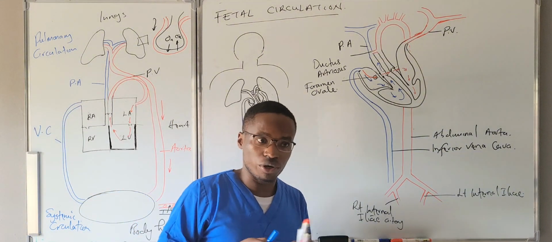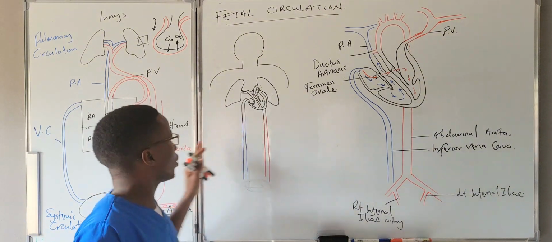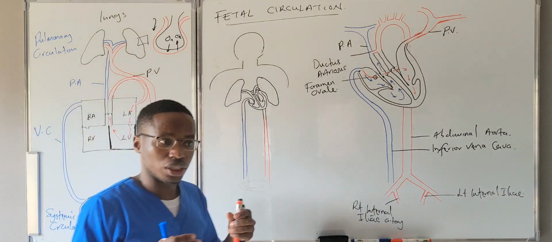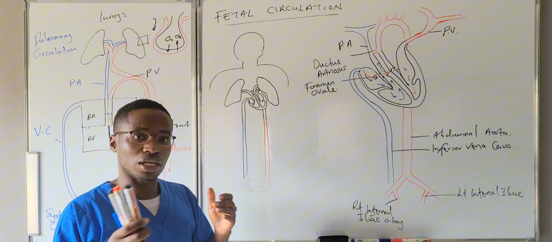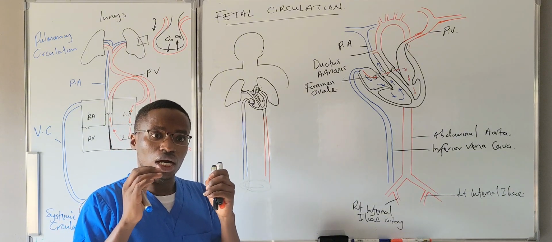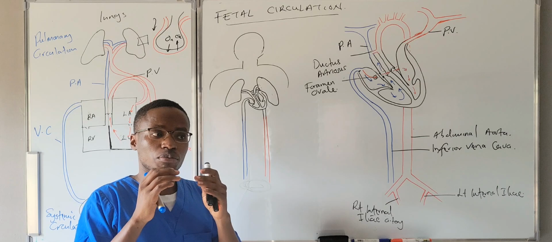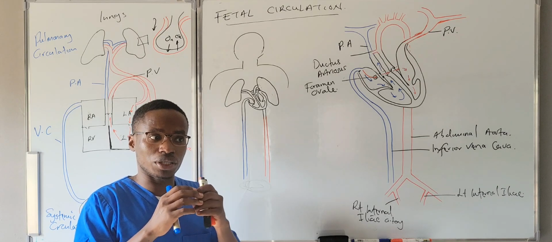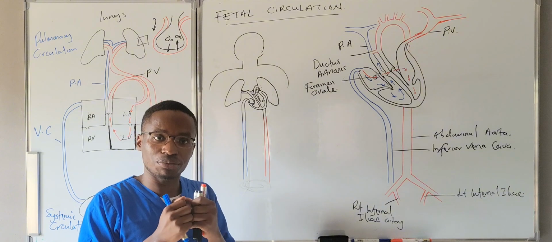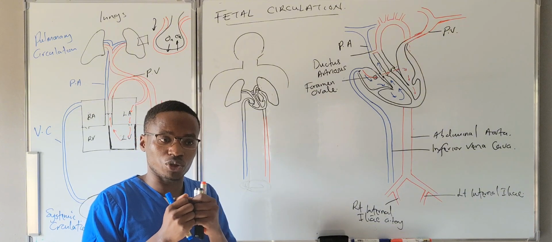Now, what is happening is this. I want you to get the point. In the womb, during intrauterine life, the lungs are non-functional, and because of that the lungs are compressed, and the pulmonary vessels are constricted.